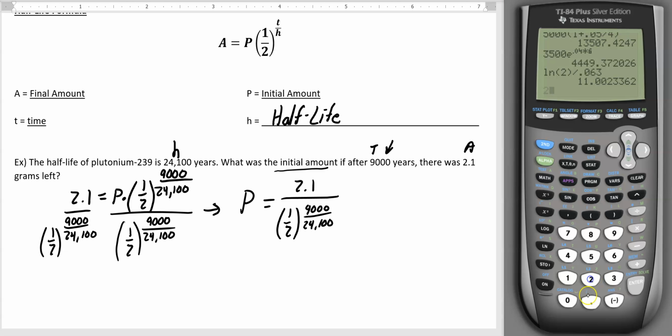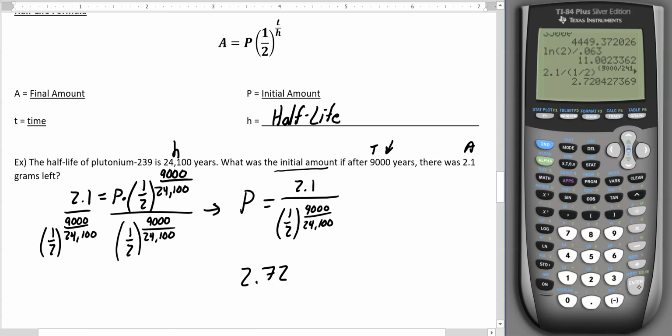In my calculator, I'd say 2.1 divided by parentheses 1/2 to the parentheses 9,000 divided by 24,100. And I'll close that. And I get 2.72. My initial amount was about 2.72 grams of plutonium.